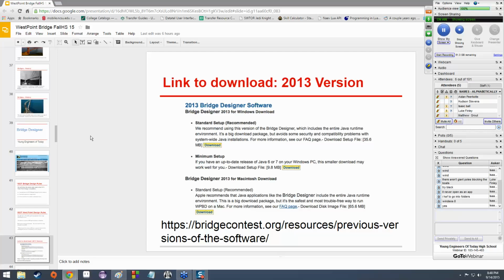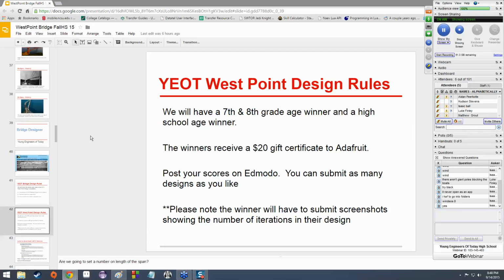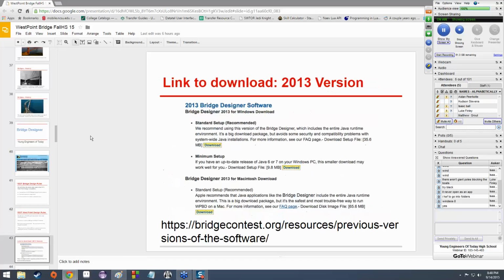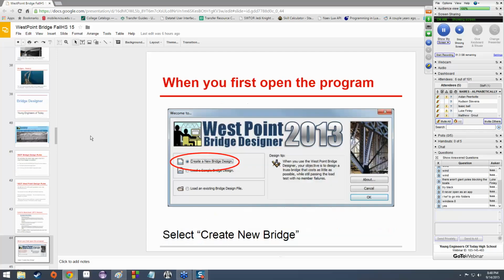Unless you're some sort of bridge building prodigy and you get it on the first try. That might be a little hard to explain through the internet like this. There is a link to download the 2013 version, which is not what we're using.